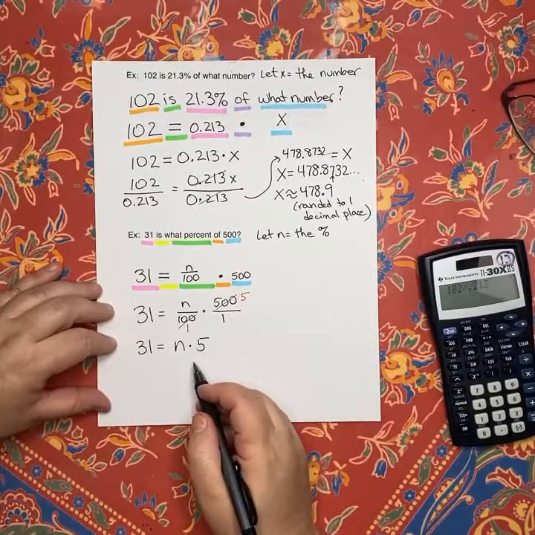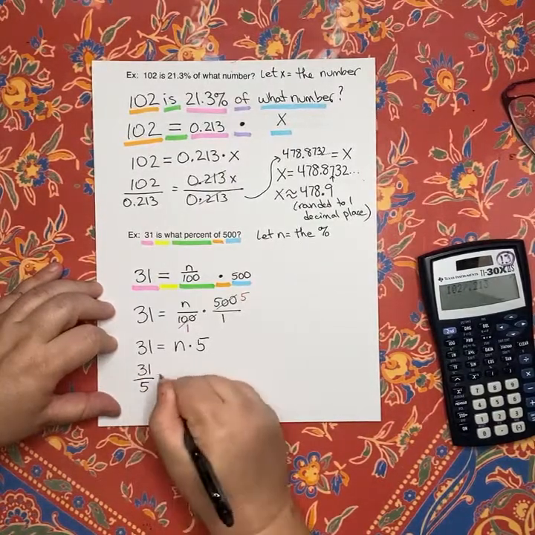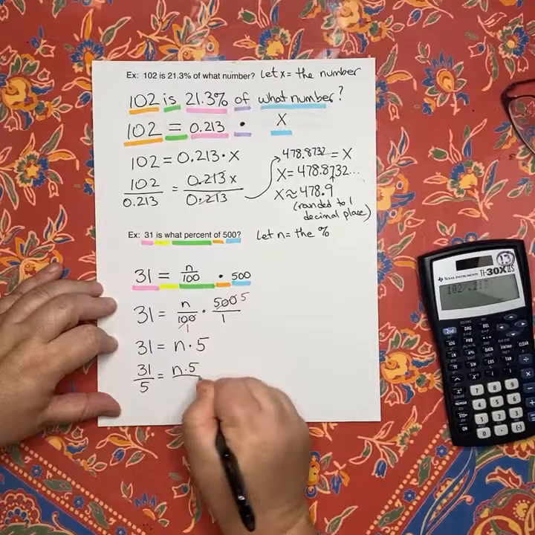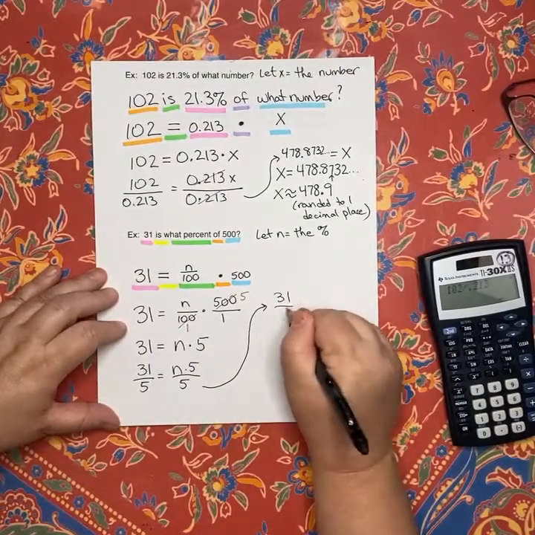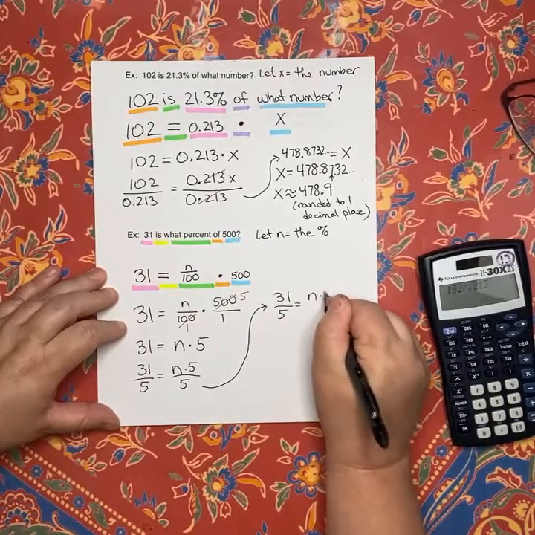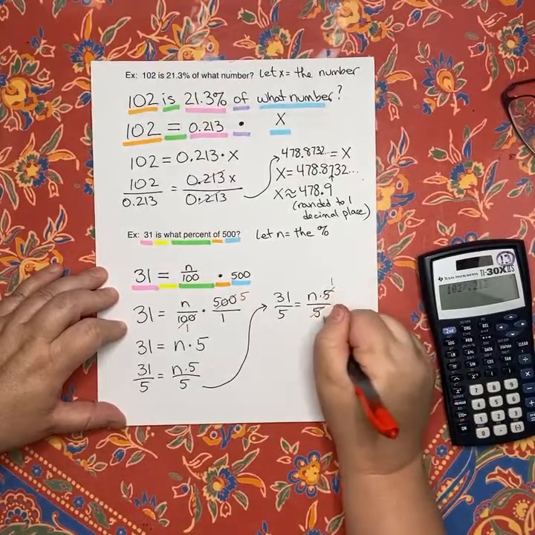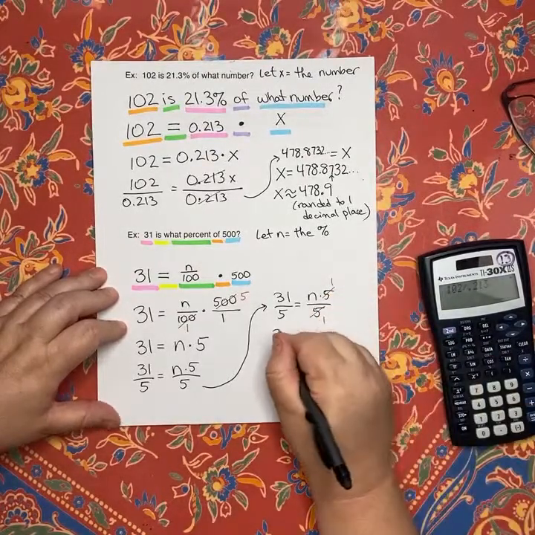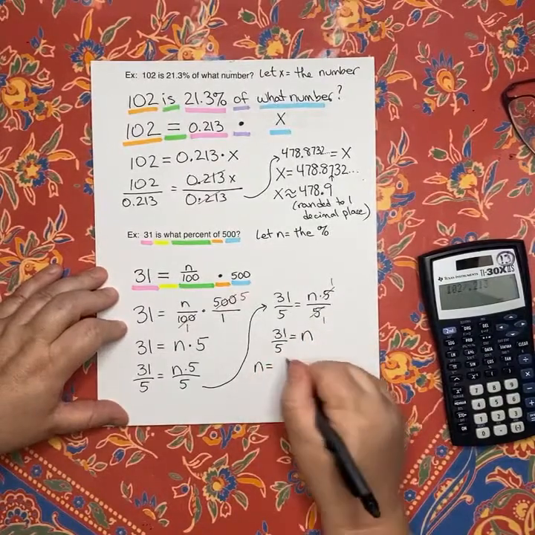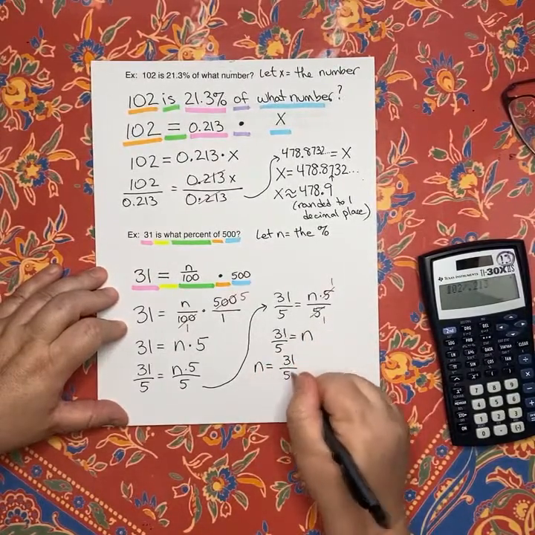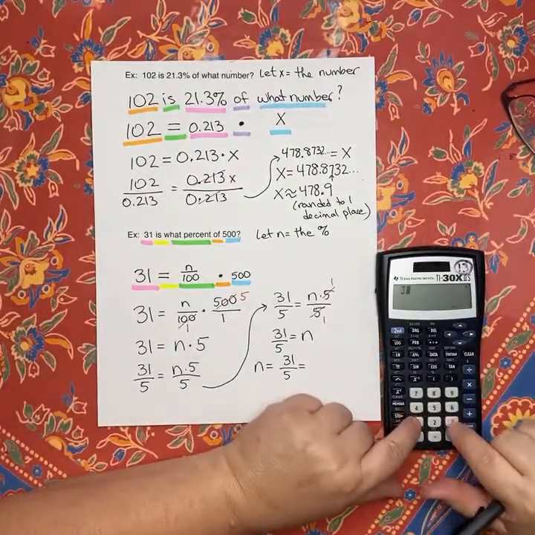And then I have to divide both sides by 5. So 31 over 5 equals n times 5 all over 5. So I get 31 over 5 equals n. I'm going to write it the other way around. N equals 31 over 5, which I'm going to bet is something nice.